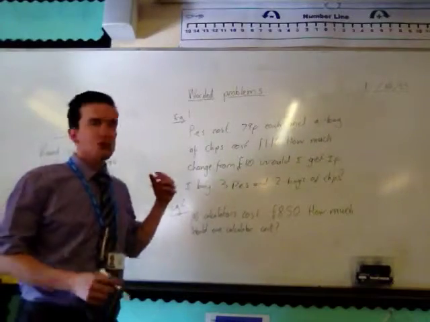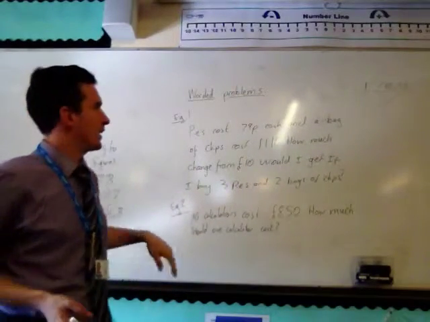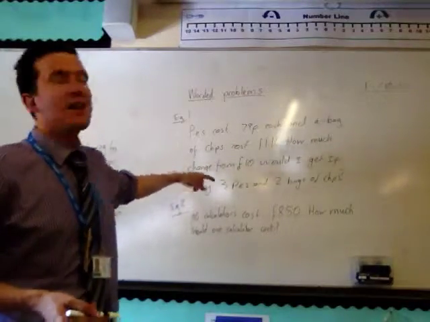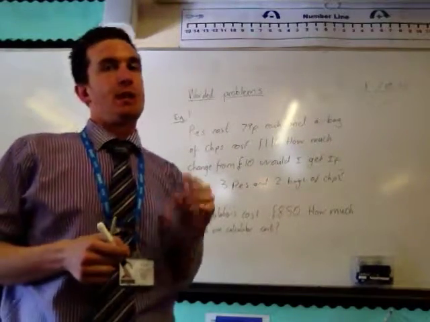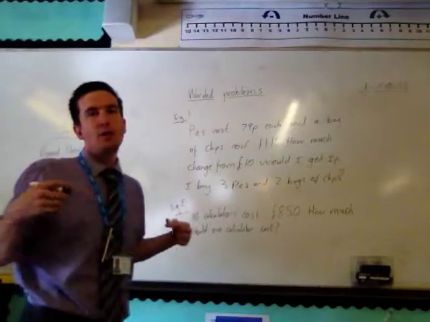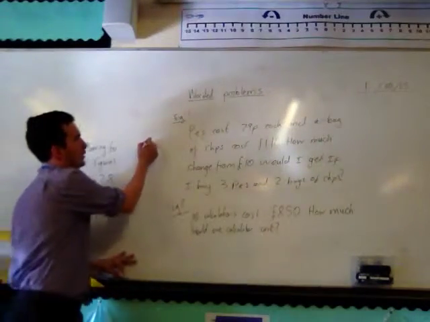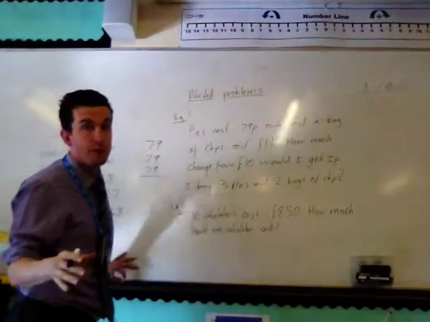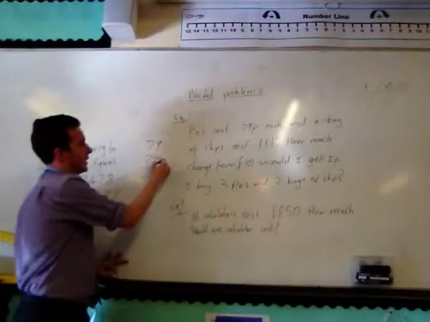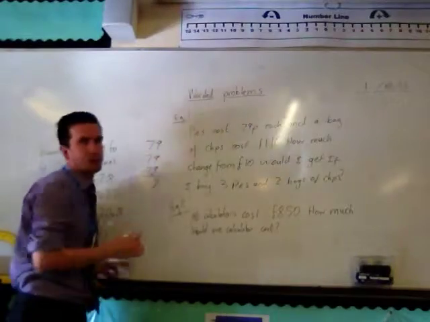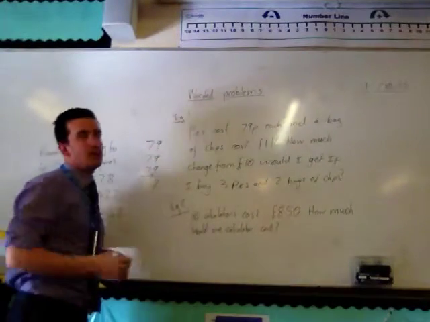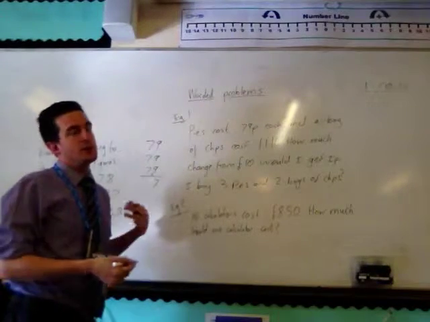And also we need to interpret the question. We know the price of different things, but what it says is I buy 3 pies. If 1 pie costs 79p, then I'm going to do 79, 79, 79, because I'm getting 3 of them. So 9 add 9 is 27, carry the 2, again we did this the other lesson. 7 add 7, everyone's favourite number at the moment, 21.